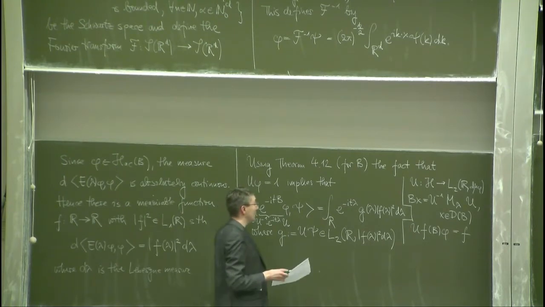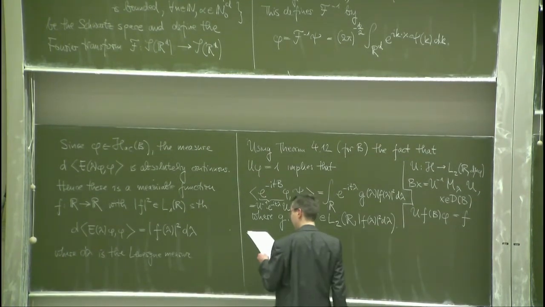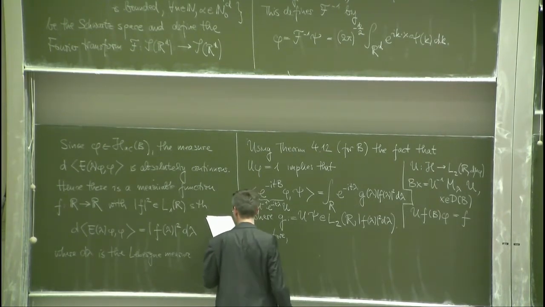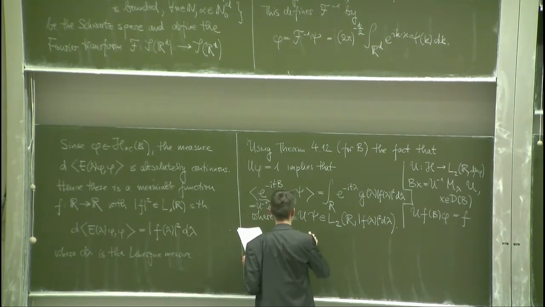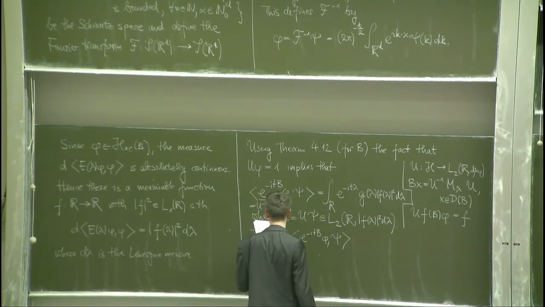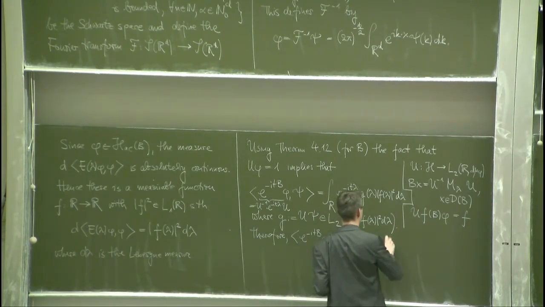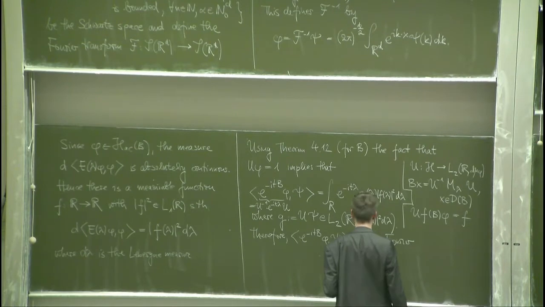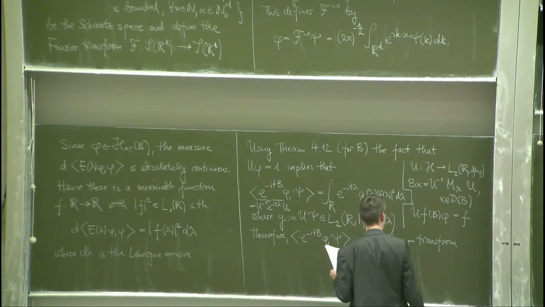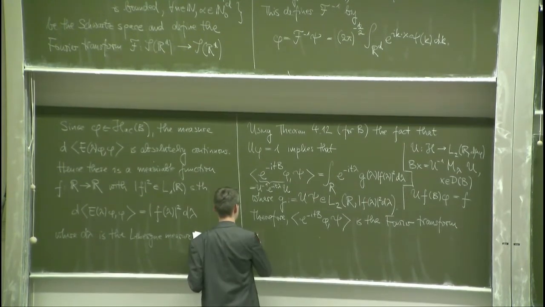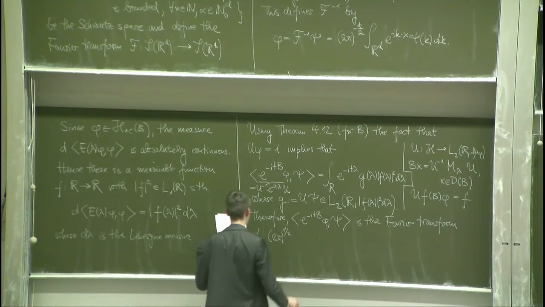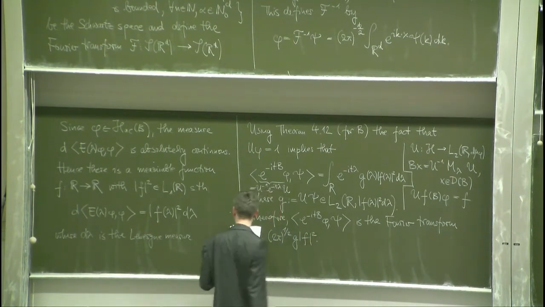Yeah, but what do we see from this? Therefore, we see that the scalar product exponential minus ITB phi psi simply is the Fourier transform of the function square root of 2 pi times g times absolute value of f to the power of 2.